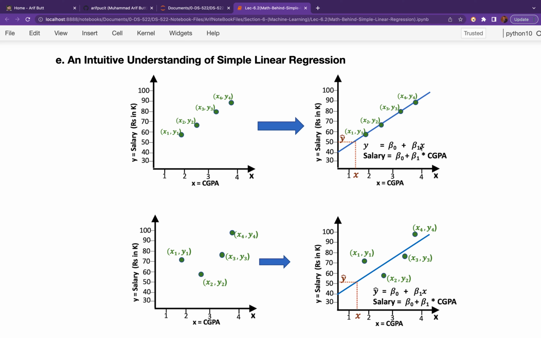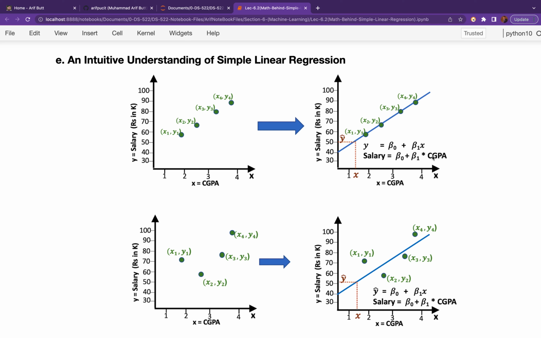We normally use these betas in machine learning, where beta naught is the y-intercept and beta 1 is the slope. So to mathematically predict the salary package for an unknown x, that is a CGPA, we need to use this equation: salary is equal to beta naught plus beta 1 times CGPA. This is the mathematical representation of a simple linear regression.